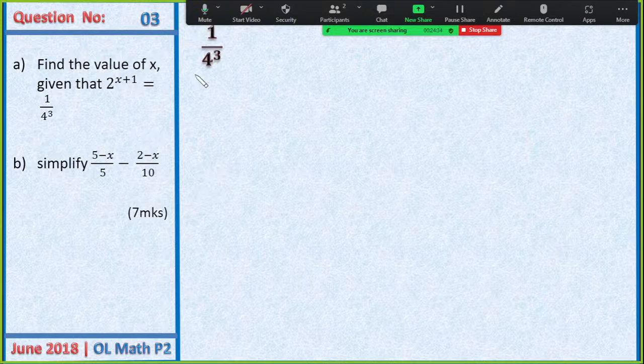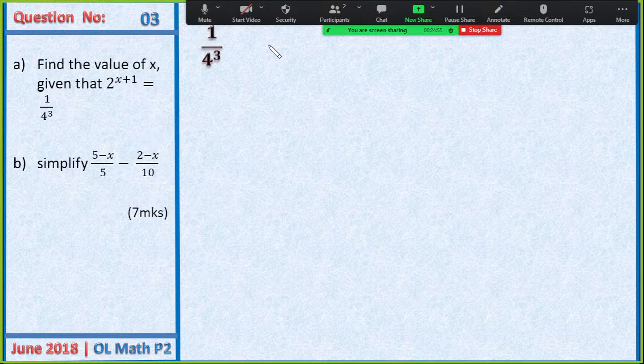Alright, so here we know that 1 over 4 to the power 3, we have to make the bases the same. The base on the left hand side is 2. We have to make the base on the right hand side also 2. So on the right hand side we have 1 over 4 to the power 3.